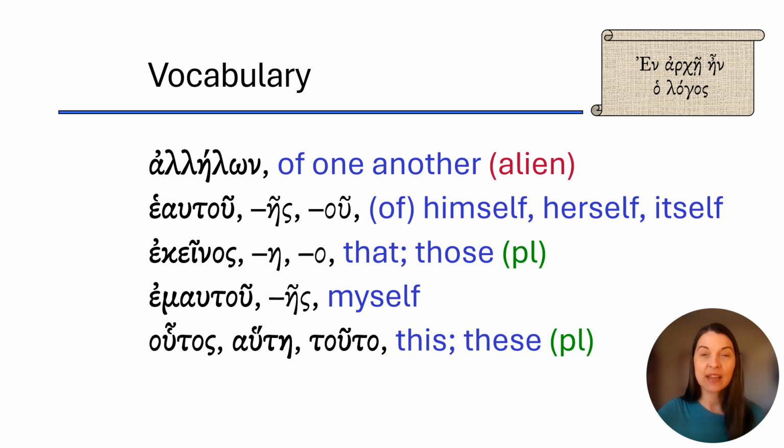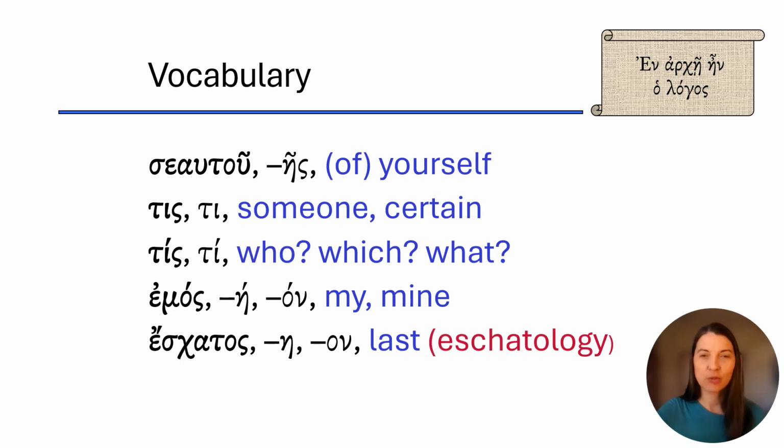Houtos, haute, and touto is this or these. Seautou is of yourself. Tis means someone or certain one. And then tis with the accent means who, which, what. Emos means my or mine. And eschatos means last. This is where we get our word for eschatology.